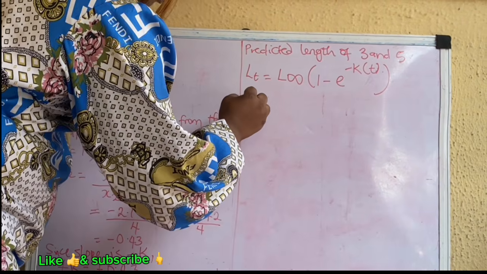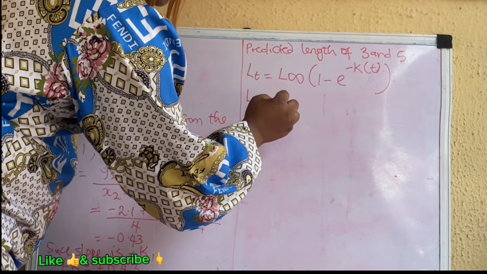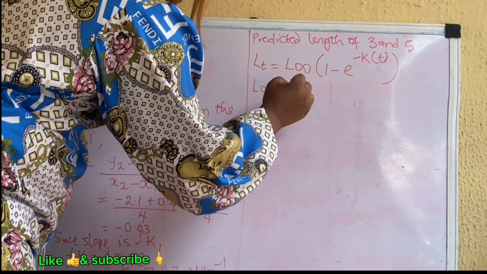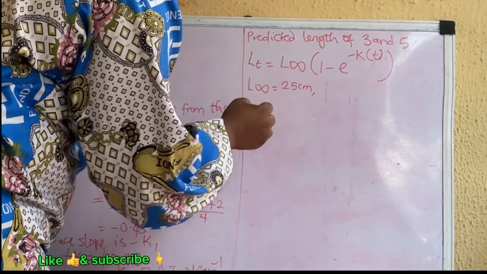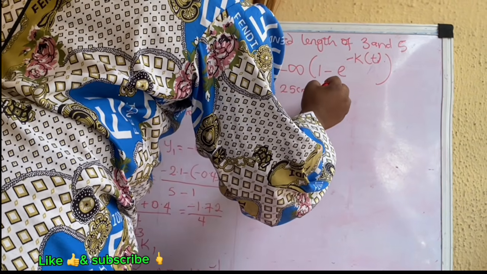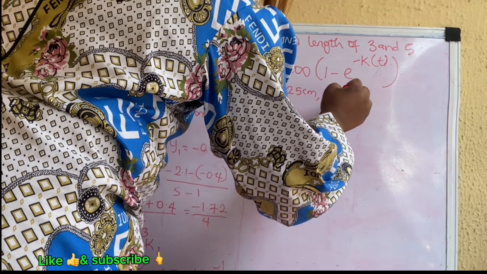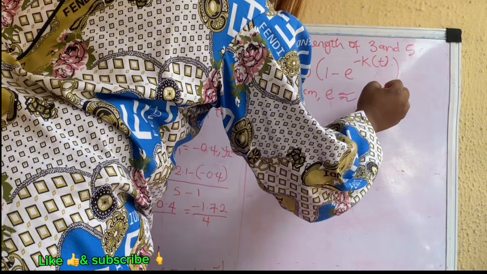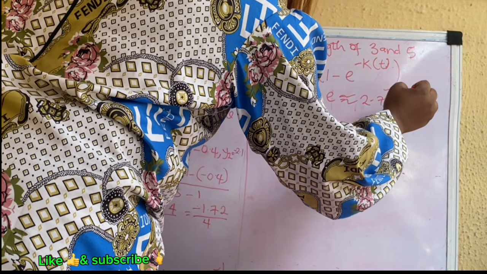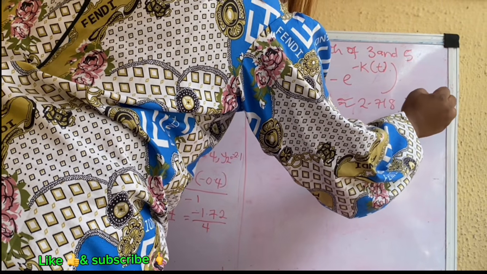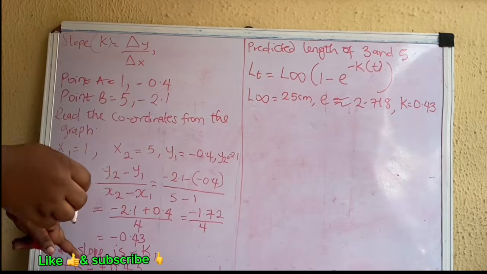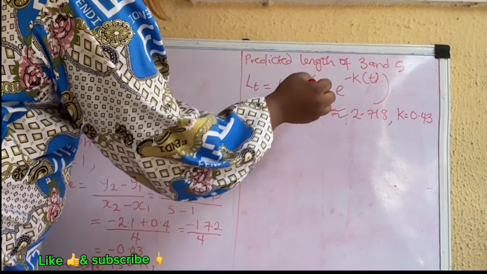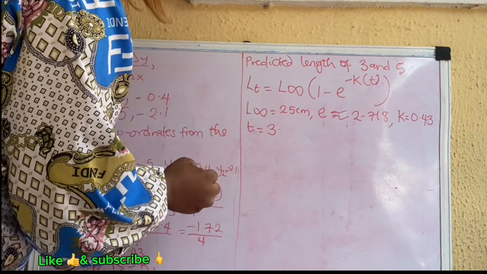So your L predicted, this L asymptotic is equal to 25 cm. Then your E is equal to 2.718. Your K is equal to 0.43 from that slope we calculated. Then your T is equal to the theoretical age that is being given, 3.